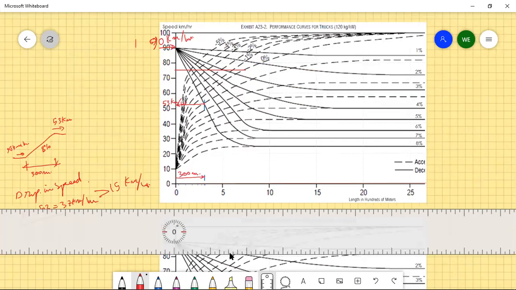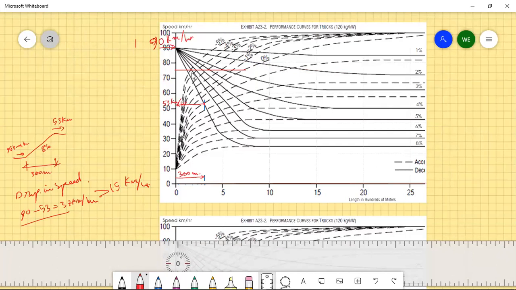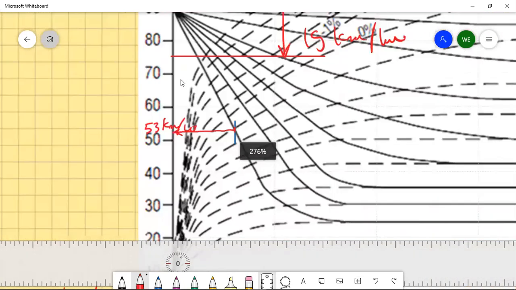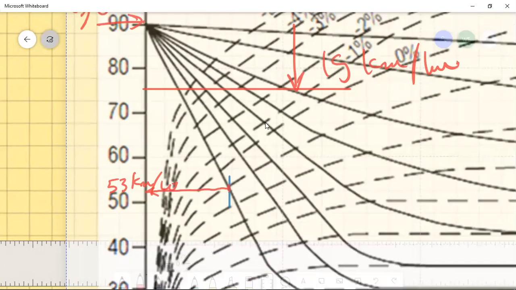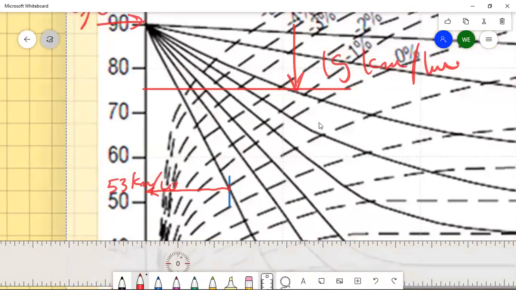So that's the line that marks the 15 kilometers per hour drop. After the 15 kilometers per hour drop, then we must add a climbing lane. So the climbing lane is going to start right here at this point.